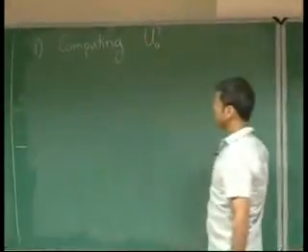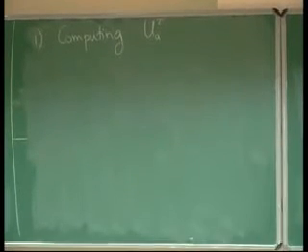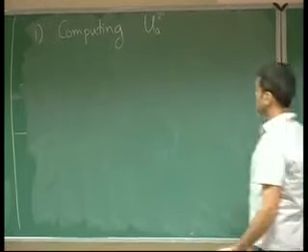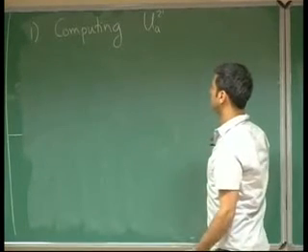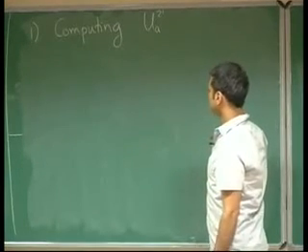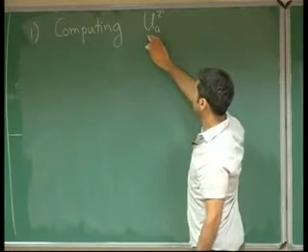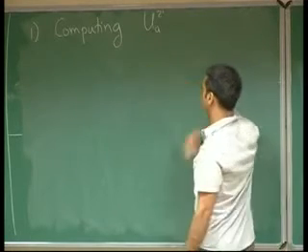As I said, one way to do it is simply to take U, apply it 2 to the i times, but that is going to be too expensive. So instead, what we do is something slightly cleverer, and for that we need to go back and see what this definition of U sub A is.